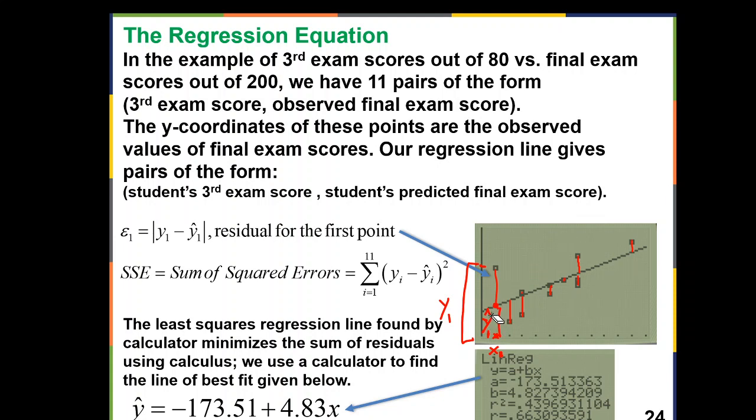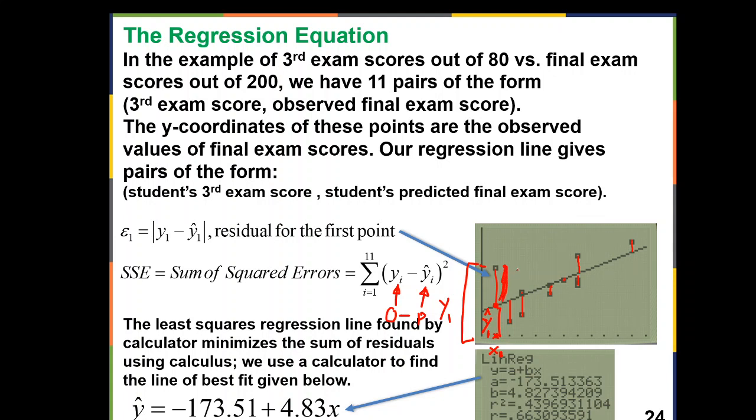That means this is the value that we predict for this x value. Of course, the observed value is that one, right? So y sub i is the observed value, and y hat sub i is the predicted value. When we subtract observed minus predicted, we get this distance here, right?